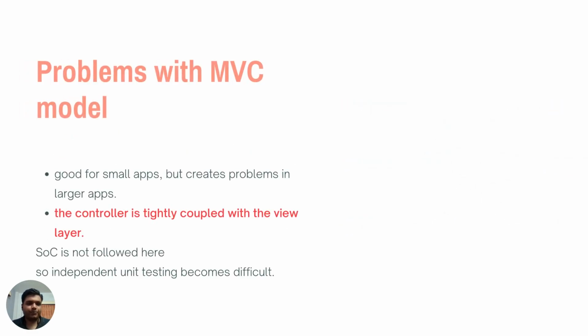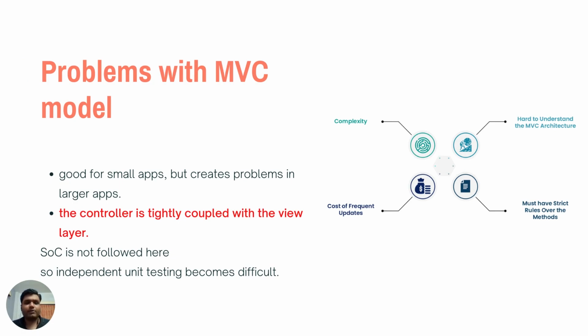But apart from these advantages, there are certain disadvantages also. The MVC pattern is really good for a small application where many tasks aren't required. But when it comes to building a larger application, the MVC pattern is not at all recommended. Why does this happen? Because the controller is tightly coupled with the view layer.